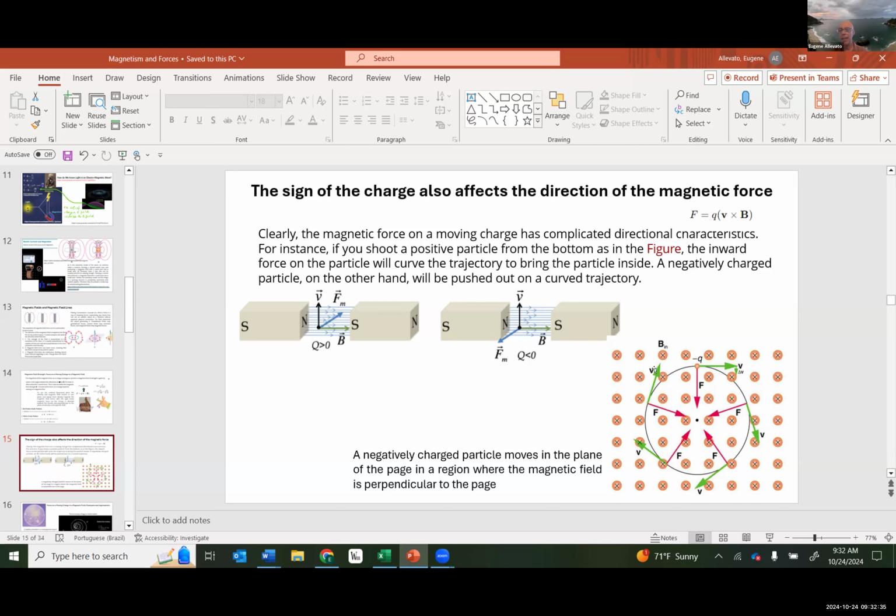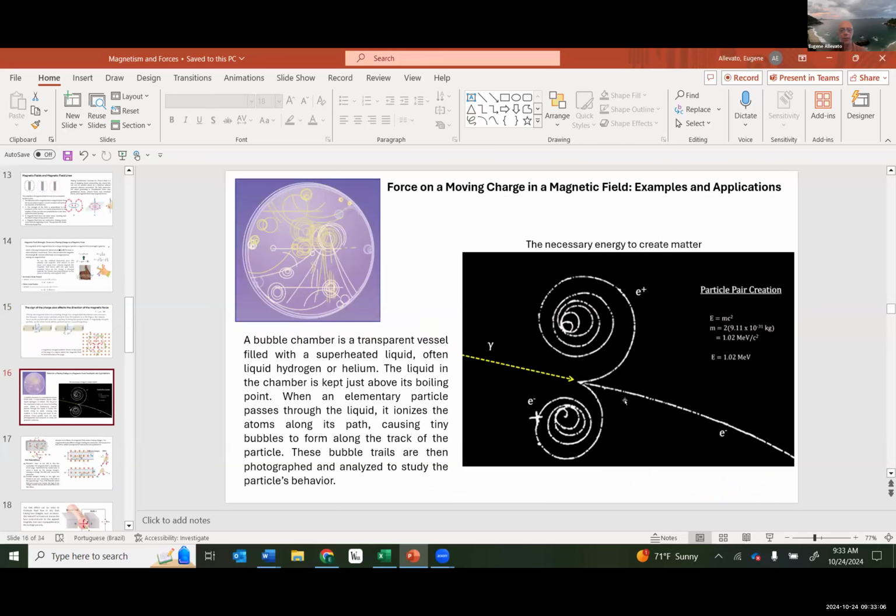So the magnetic force is a centripetal force because it causes the particle to go around, right? To curve itself. If a particle moves inside a magnetic field, the force is going to be perpendicular to its direction, so it's going to cause the particle to go on a circle. So that's another thing to keep in mind.